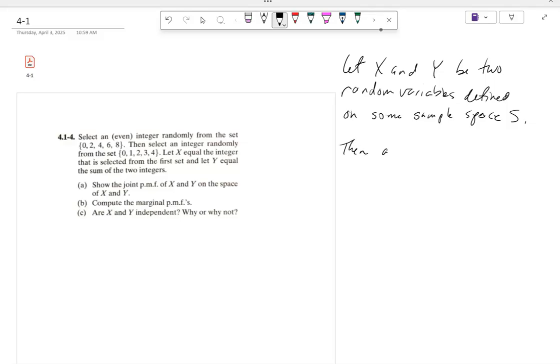Then a joint probability mass function, or we could replace mass with density in the continuous part. If they're continuous random variables, we'll have a joint probability density function versus a mass function.